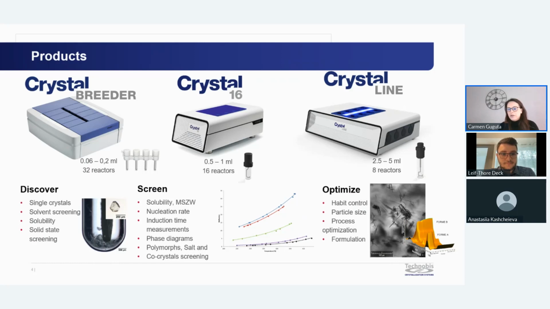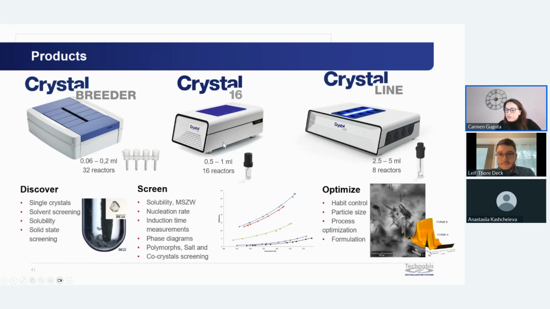The Crystal16, the one in the middle, is a multiple reactor system with 16 reactors working at 1 milliliter scale. It is your instrument for solubility, metastable zone with induction time measurements, nucleation rate, and phase diagram screening. And the Crystalline, the one on the right side, is your instrument with the camera technology that works exactly like a microscope.